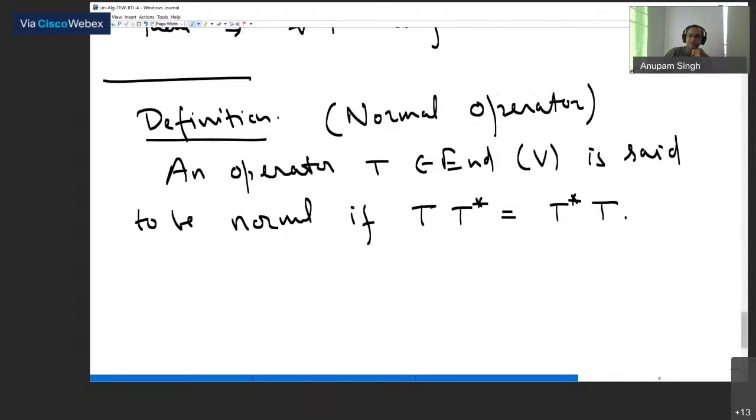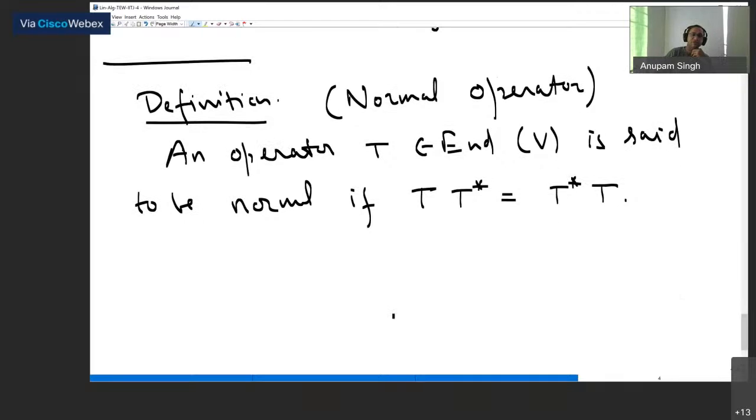The thing is that this kind of operator includes many well-known examples.